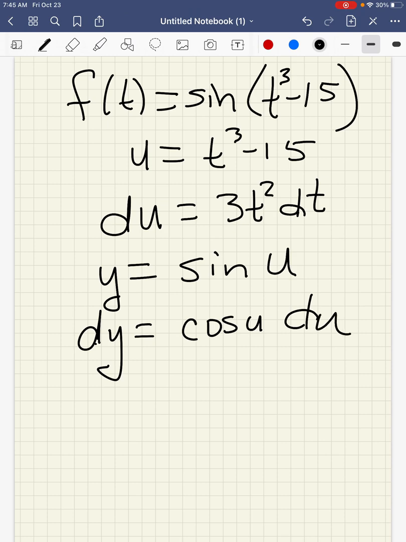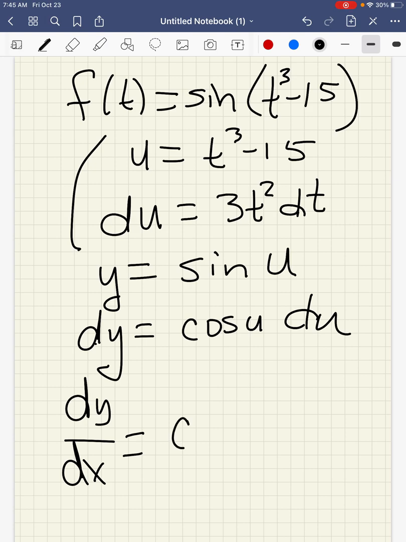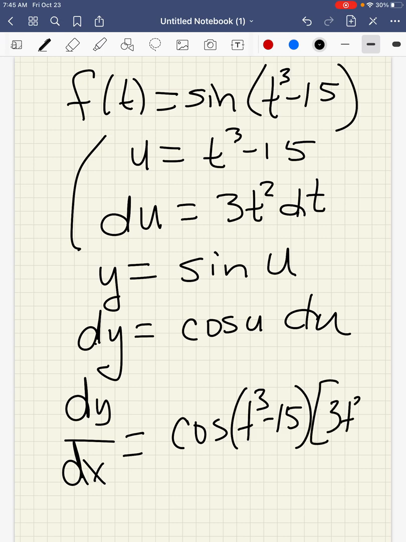And plugging back in our substitutions, we'll have dy dx is equal to cosine of t cubed minus 15, and then that whole thing is times 3t squared.